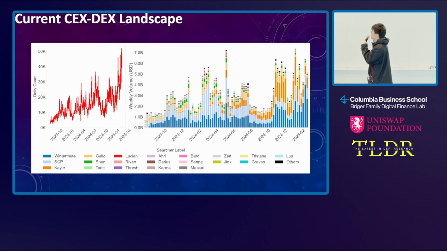The landscape is pretty much dominated by SCP and Wintermute, and interestingly, Kale, the 3rd largest SegTex searcher, was a relatively small searcher before May 2024, and they quickly became the largest SegTex searcher.